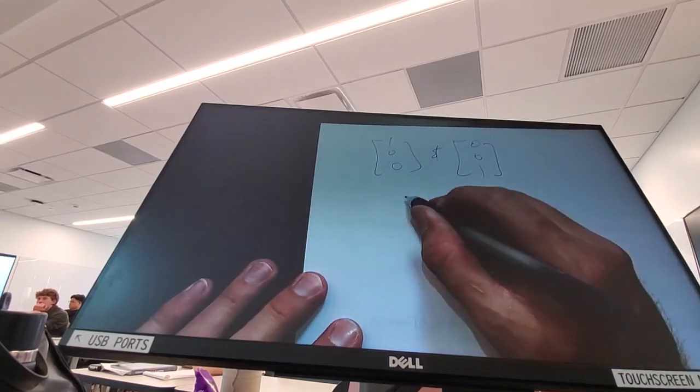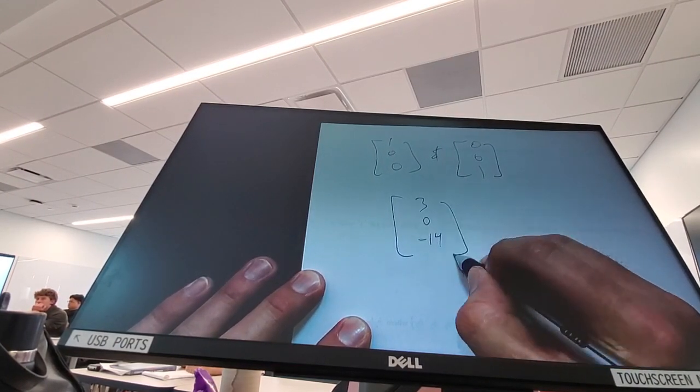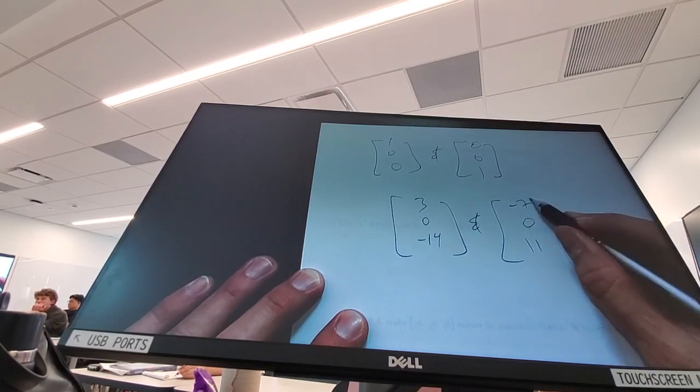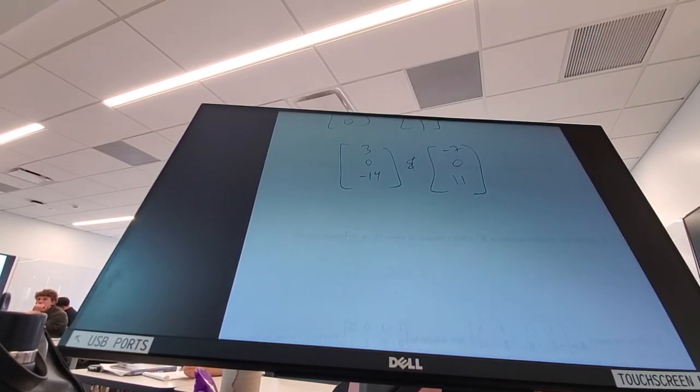But if I gave you 3, 0, negative 14, and negative 7, 0, 11, and I said now construct 5, 0, 7, that would be terrible. Do you all agree, though, that I could construct 5, 0, 7 out of those? Yes? How do you know?